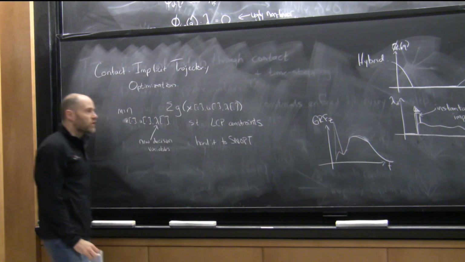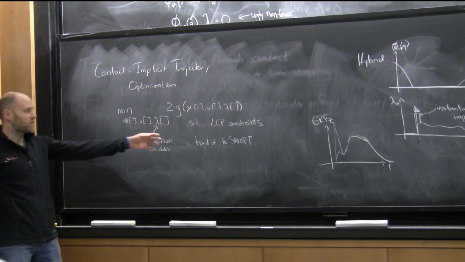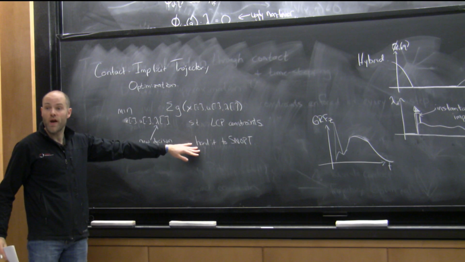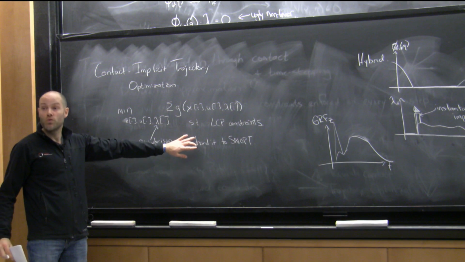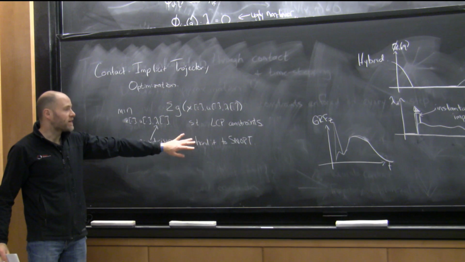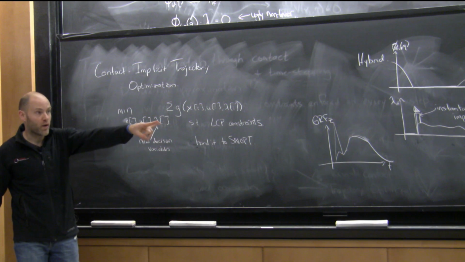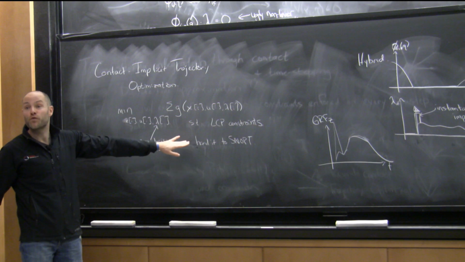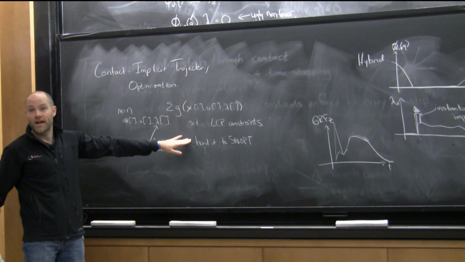That's the algorithm. So unlike the trajectory optimization through contact we've done before, where you had to preordain a mode sequence, this one now, if the solver is able to chew on that ugly constraint, the solver is free to solve for the contact sequence.